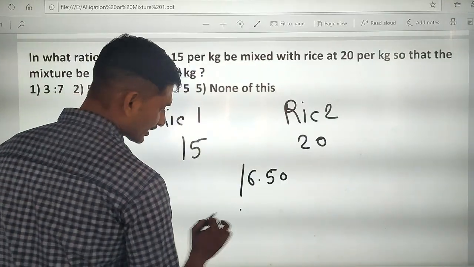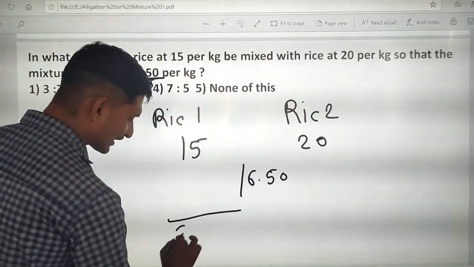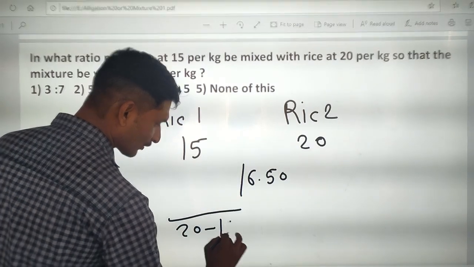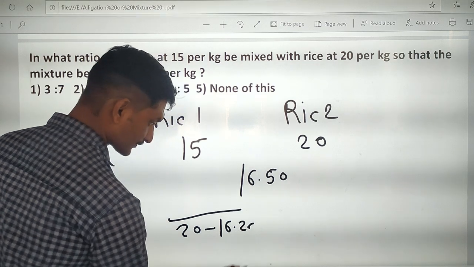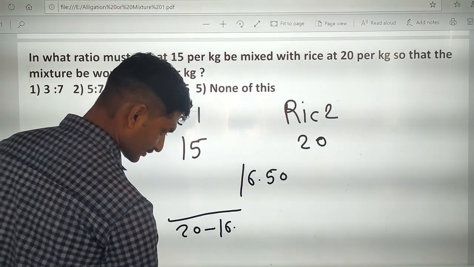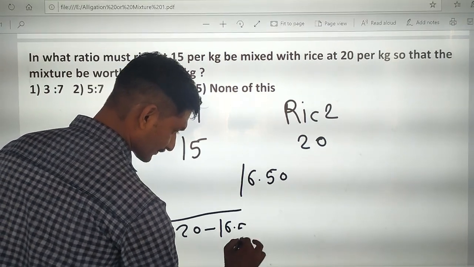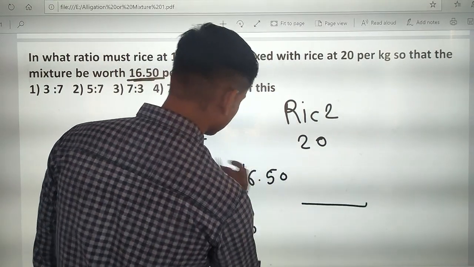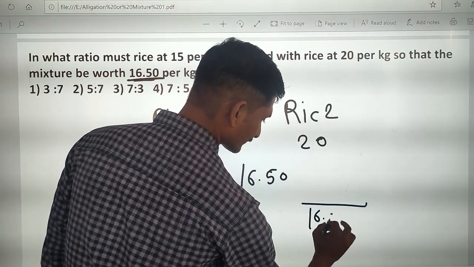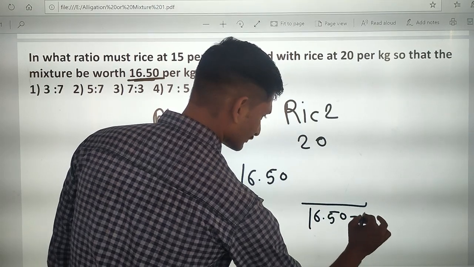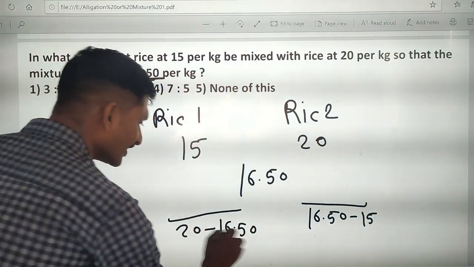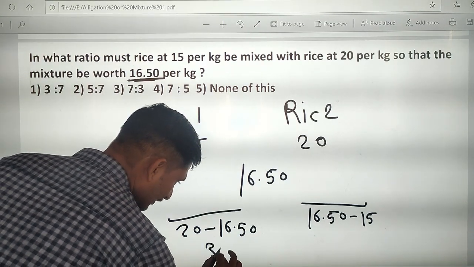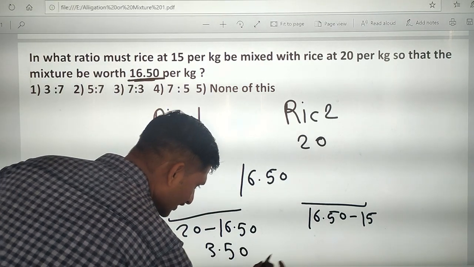Then here, write the subtraction of these two. And here write the subtraction of these two. Here the subtraction is 3.50.